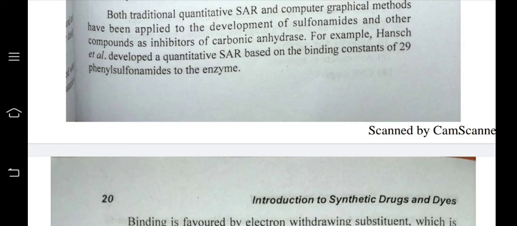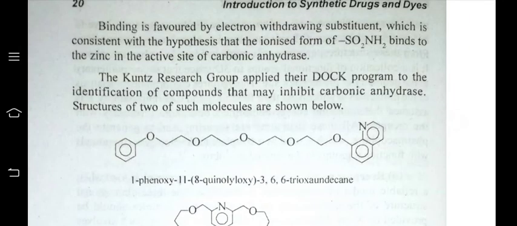For example, Hansch et al. developed a quantitative SAR based on the binding constants of 29 phenyl sulfonamides to the enzyme. Binding is favored by electron-withdrawing substituents, which is consistent with the hypothesis that the ionized form of the SO2NH2 binds to the zinc in the active site of carbonic anhydrase.